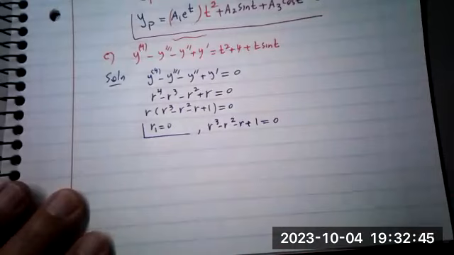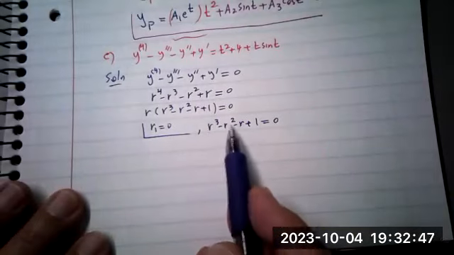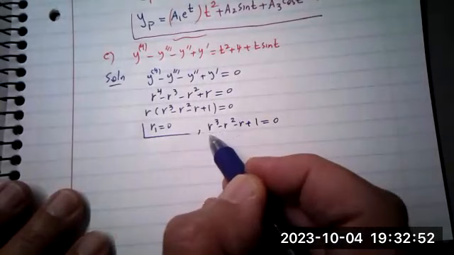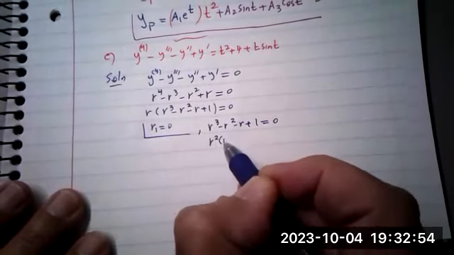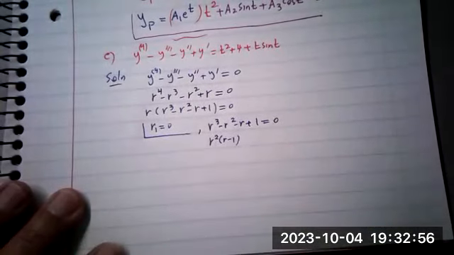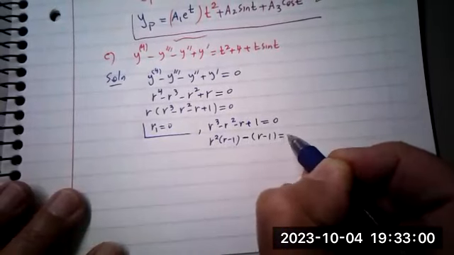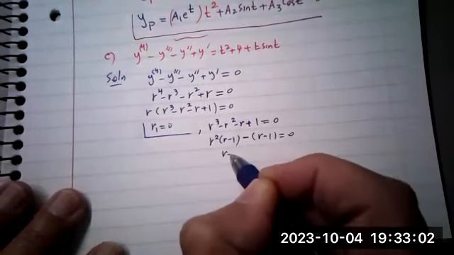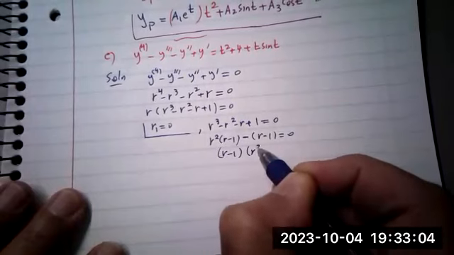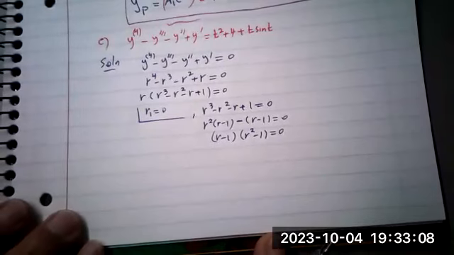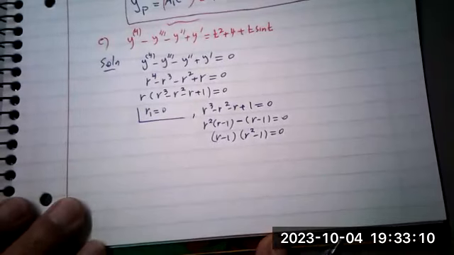We have 4 terms, so we group them together. The first group, factor out the R squared, so that gives R minus 1. You pull out the negative sign for the other, so you have a common factor: R minus 1 times R squared minus 1 equals 0. So we're using the grouping method.